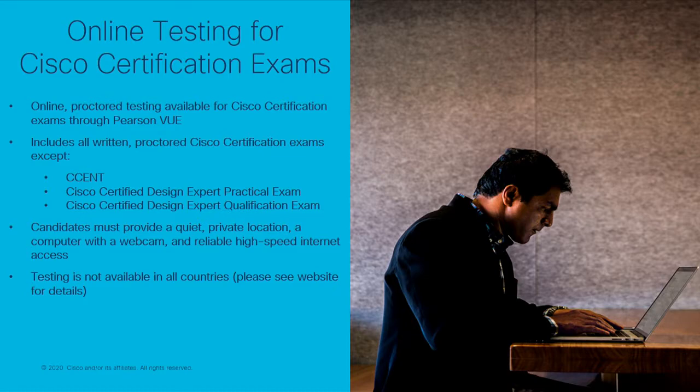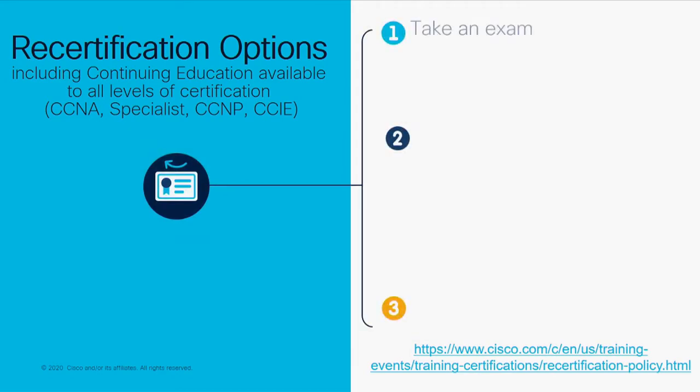So if you feel like you want to go ahead and just sign up, you can get that voucher, and then you have a complete year to prepare from the time that you sign up for the voucher. This is a great way to save time and money, and you don't have to go into a testing center to do it. You do it from the convenience of your own home. And you can find out more information about that at www.pearsonview.com.